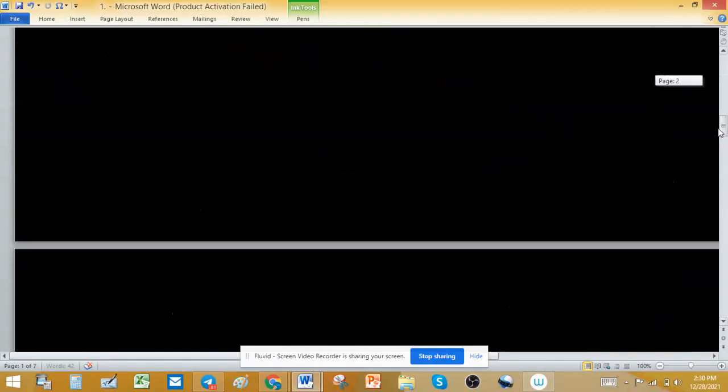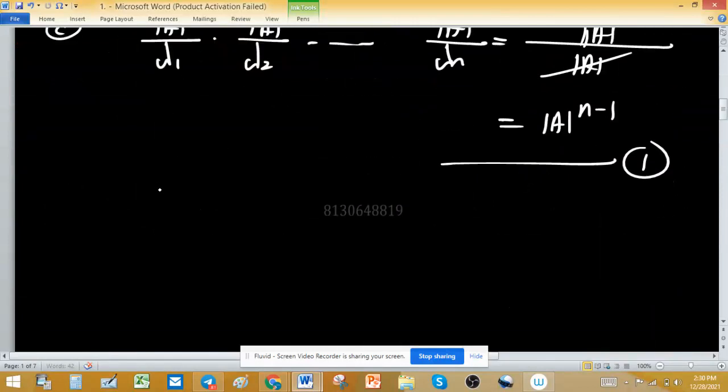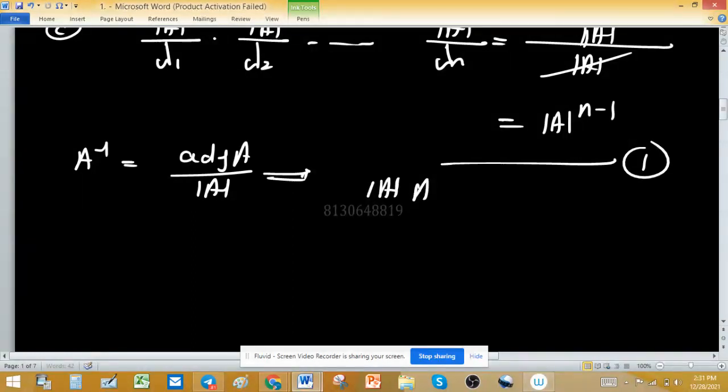You can verify option D also, but this problem can be approached in a different way. A inverse equals adjoint A upon determinant of A, which can be written as adjoint A equals determinant of A times A inverse.